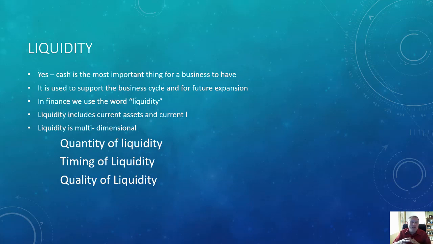So when we look at these multi-dimensions of liquidity, that's the quantity, the timing, and the quality, we can't look at them in isolation. We can't look at quantity separate from timing or quality. We need to look at all of the ratios around liquidity to be able to draw a conclusion around the firm's liquidity both now and in the future.